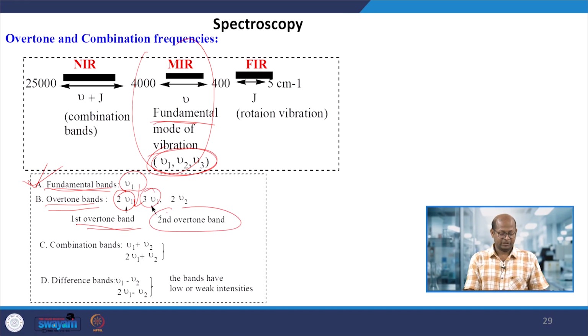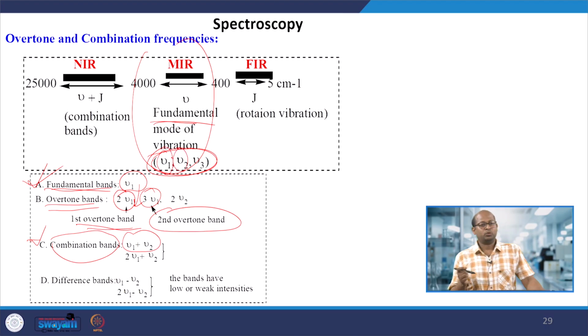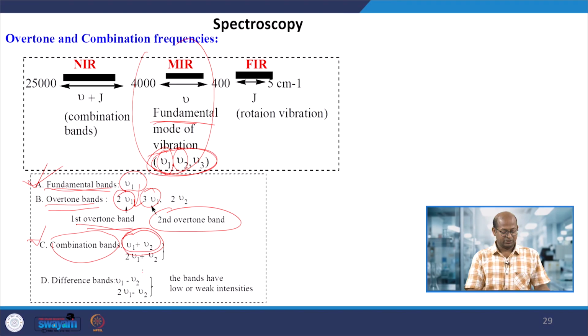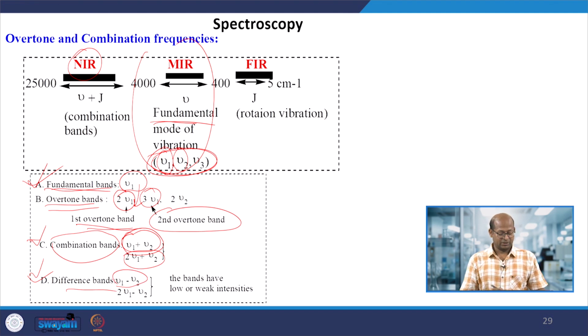We can also get combination bands, nu1 plus nu2, if the vibrational frequencies are nu1 and nu2. These are sums of the two, and they usually come in the near IR. Difference bands can also sometimes be obtained, where nu1 is the higher frequency and nu2 is the lower frequency, with the help of spectroscopy.